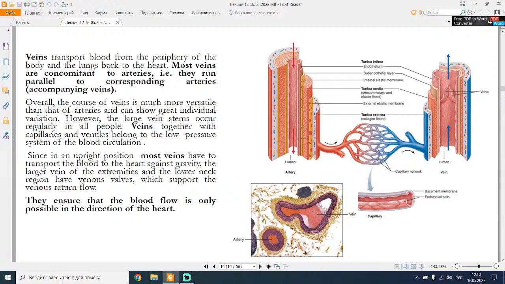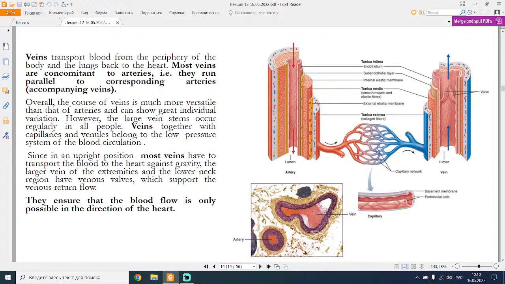Overall, the course of the veins is much more variable than that of the arteries and can show great individual variation. However, the large vein stems occur regularly in all people.